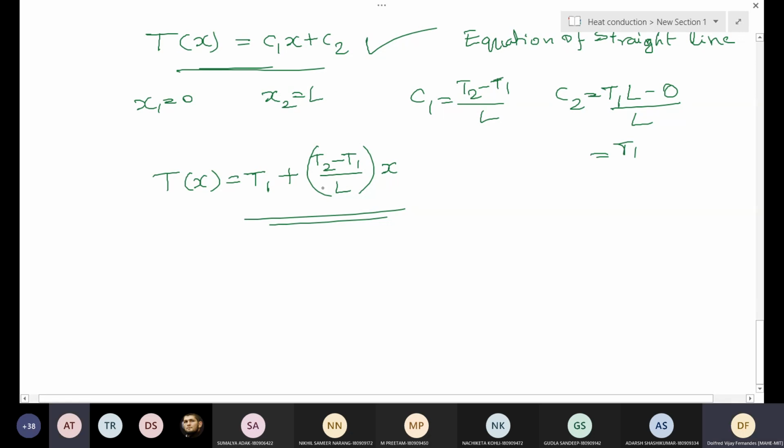Negative. T2 is less than T1, so it's negative. So you can see that the slope of the line is negative. Okay, so it's clear.